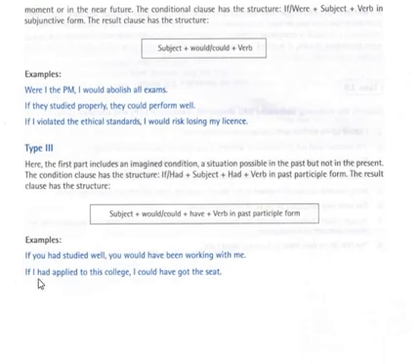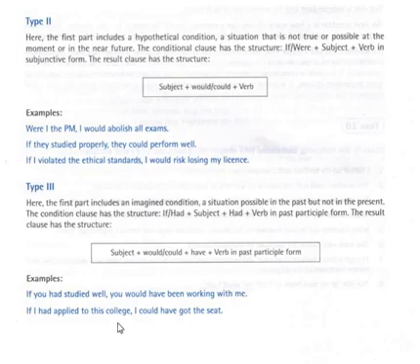For example, if I had applied to this college, I could have gotten the seat. If I had applied, here the if clause is in past perfect form. Had plus V3.